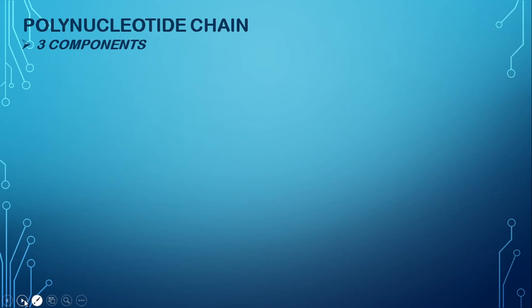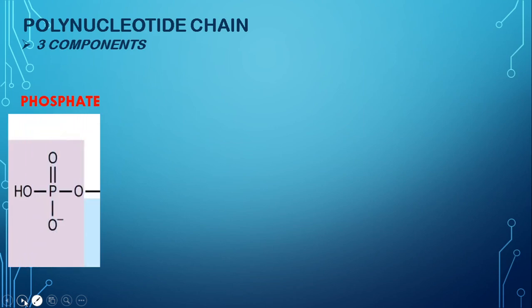As I told you, polynucleotides are polymers made up of repeating units of nucleotides. Nucleotides, in turn, are made up of three components. The first is phosphate, and here you can see the structure of phosphoric acid or phosphates.